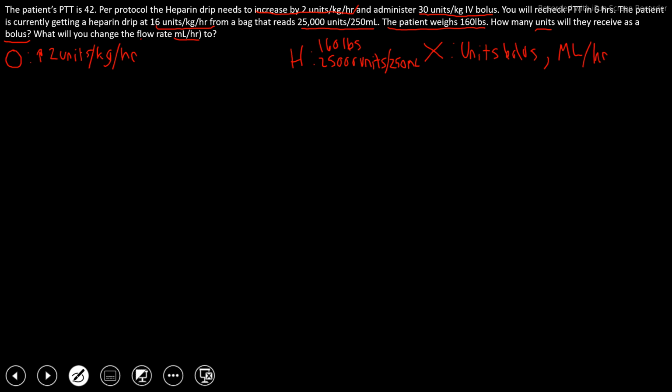Then we also have the 30 units/kg for our bolus, and then I also put what our patient is currently on, so that is 16 units per kg per hour.